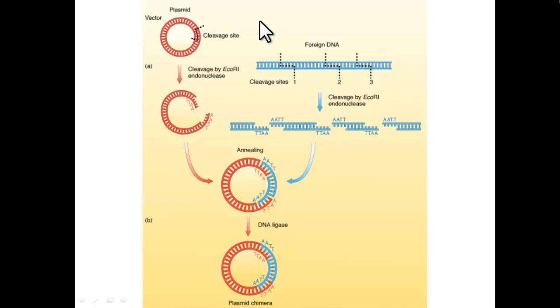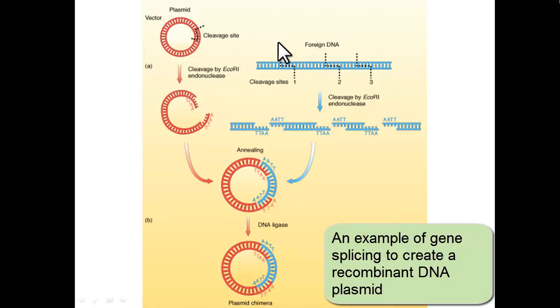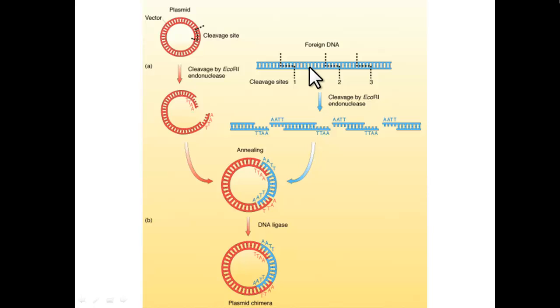So an example here might be if we want to insert a foreign bit of DNA in a bacterial plasmid. We could use EcoR1, for example, to cut the DNA, and it would cut every time it's CAACT, and it would cut into particular segments, and we could get one of these segments and insert it into the plasmid.